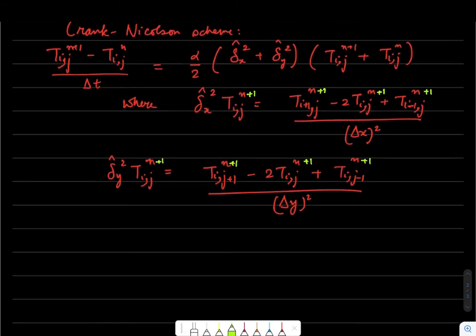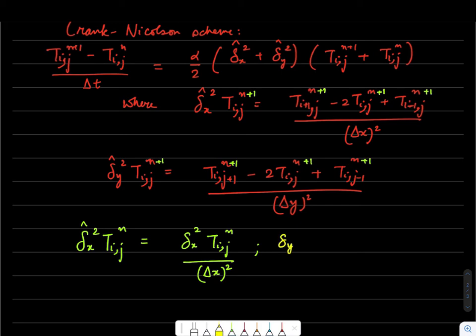Further, what I will also do is, because I see that these delta x square and delta y square would hang around throughout my derivation, I could write delta x hat square T i j n as delta x square T i j n by delta x square, and I would write delta y hat square T i j at n the same way, as delta y square T i j n by delta y square.